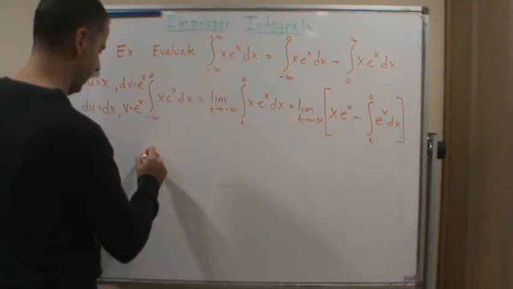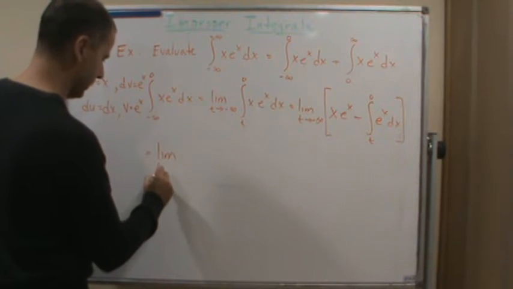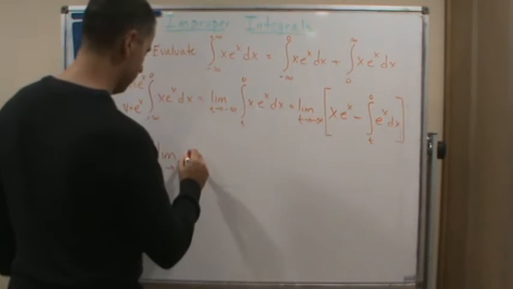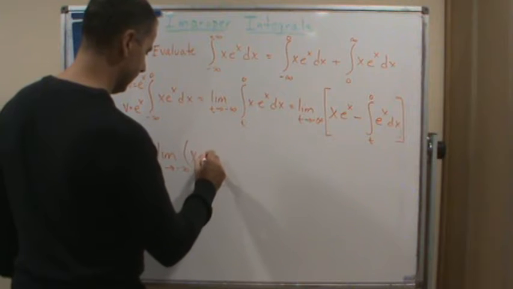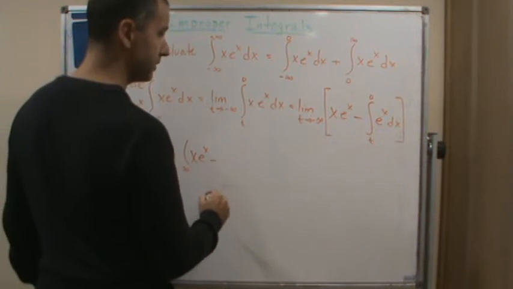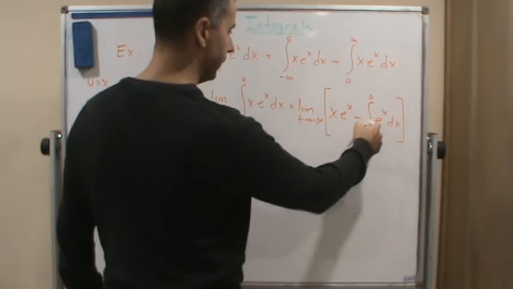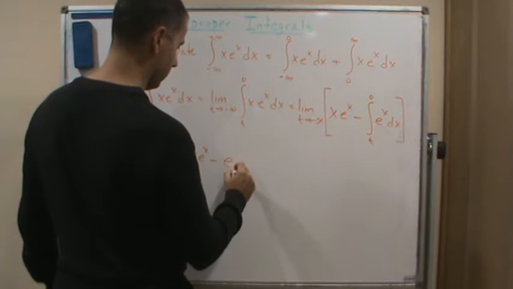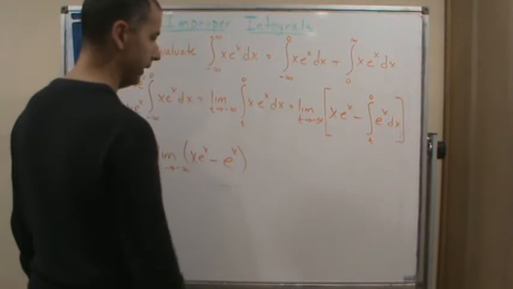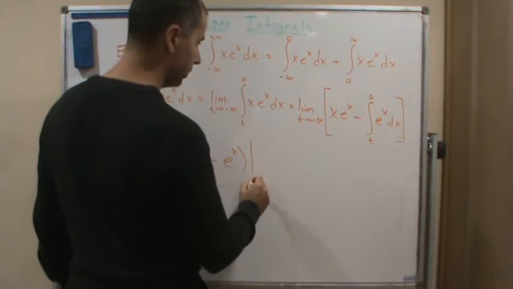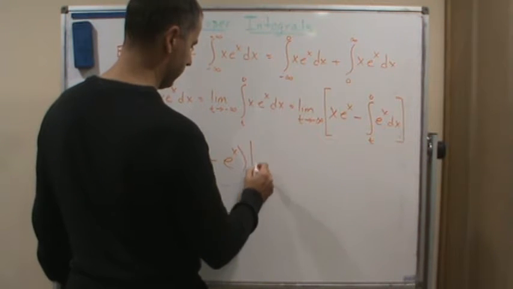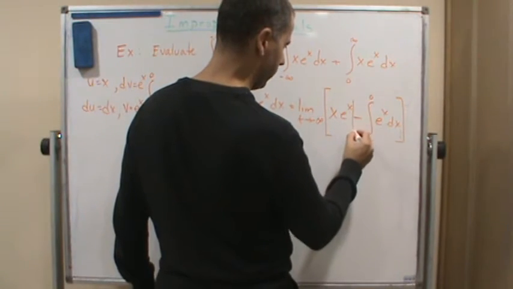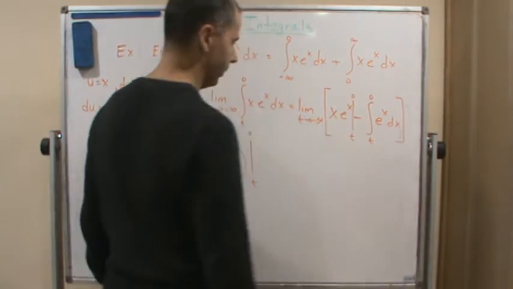So now this is equal to the limit as t approaches negative infinity of x e to the x minus e to the x, all evaluated from t to 0.